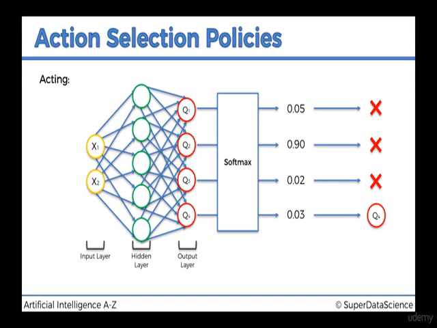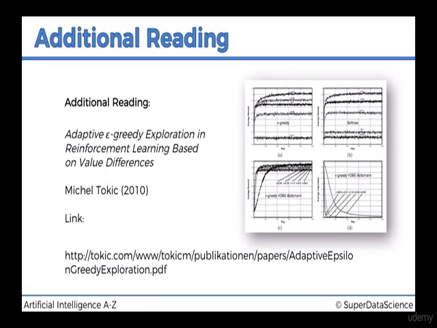And I've got an interesting reading for you. It's called Adaptive Epsilon Greedy Exploration in Reinforcement Learning Based on Value Differences. It's a 2010 article, and it's interesting because Michel Tokic introduces a different type of algorithm, an adjusted epsilon greedy algorithm called the VDBE algorithm, or epsilon greedy VDBE algorithm.